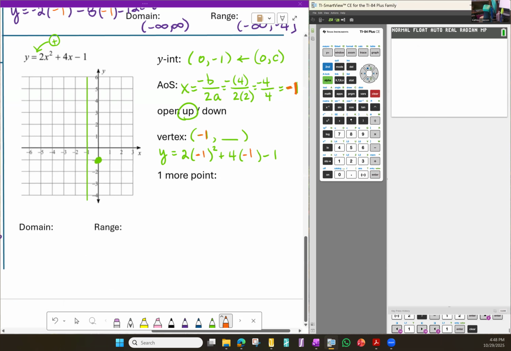So now I have 2 times -1 squared plus 4 times -1 minus 1. That's -3. (-1, -3) is my vertex.